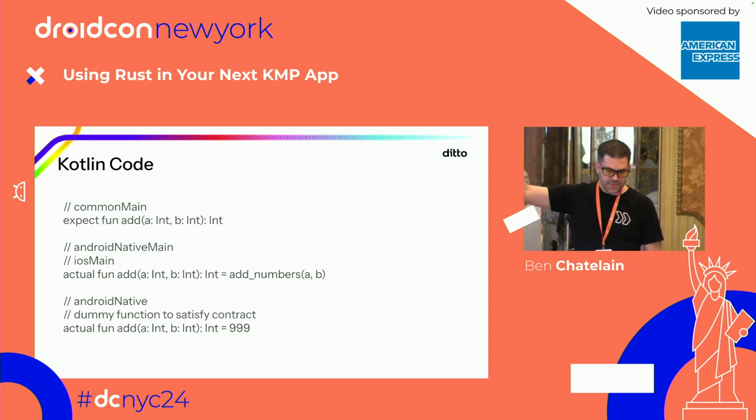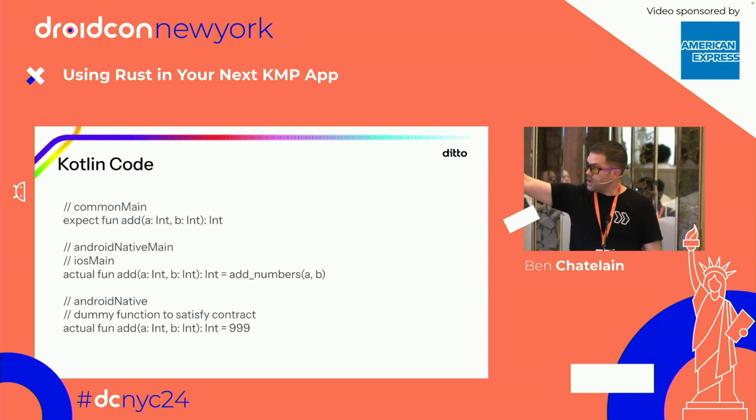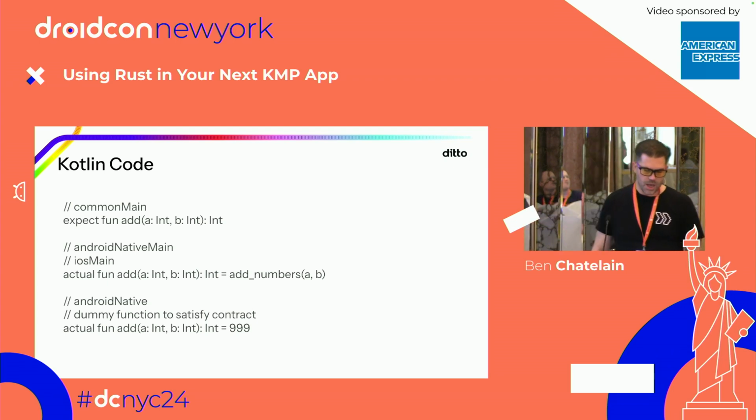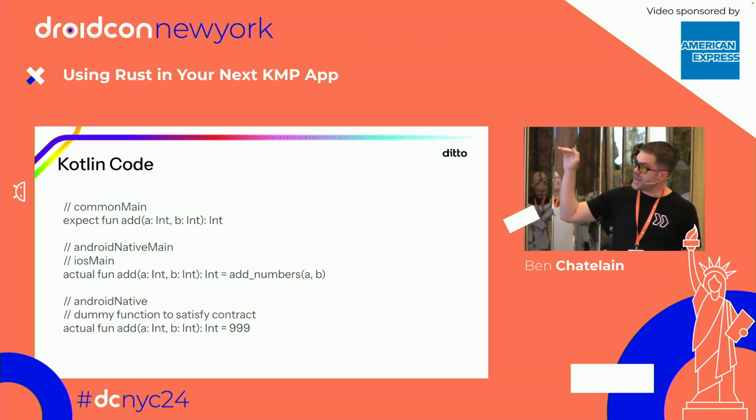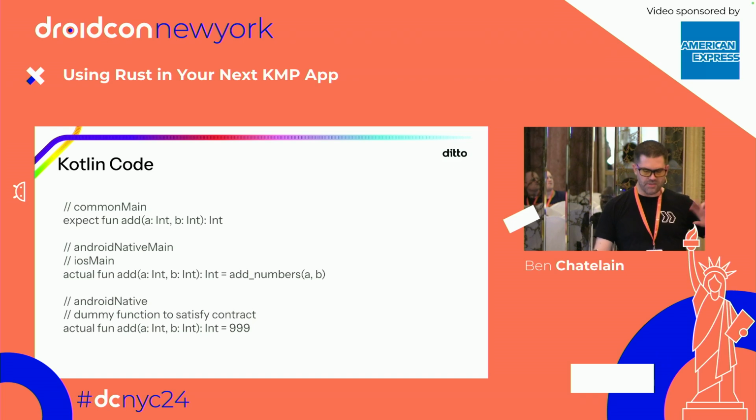So the middle one is our actual function, which is going to call the add numbers native function. And the bottom one, which is Android main JVM land, we're going to stub that out. It's going to return a number for now because there's some work to do on that, and we'll see. But for now, this satisfies the contract so that it can build, because you have to have an actual for every single target you define. And I'm not ready to do the JVM bridging just yet.